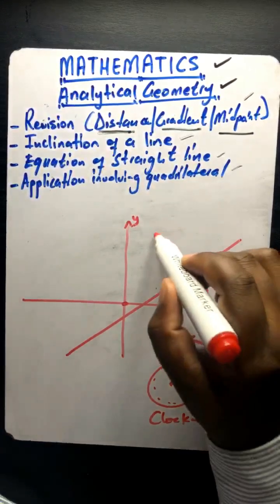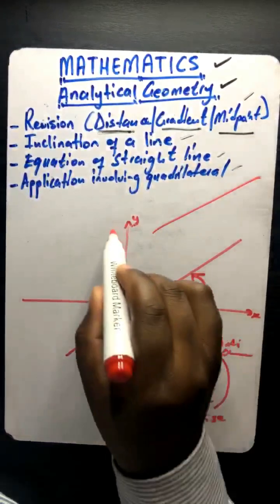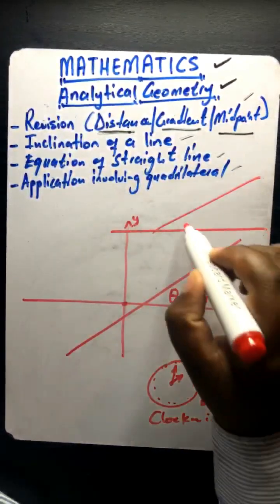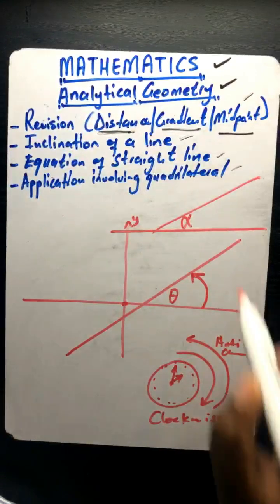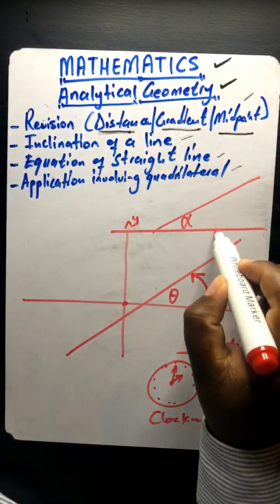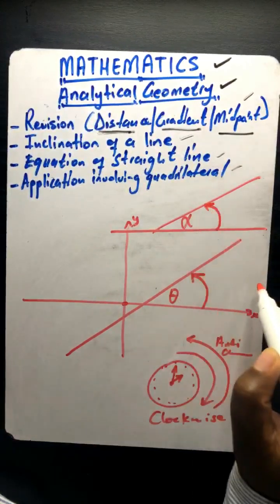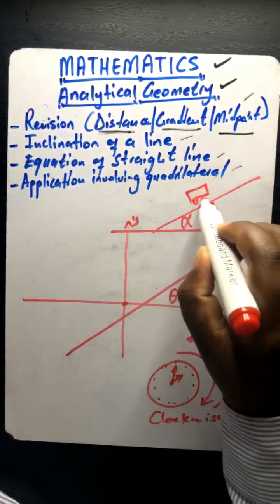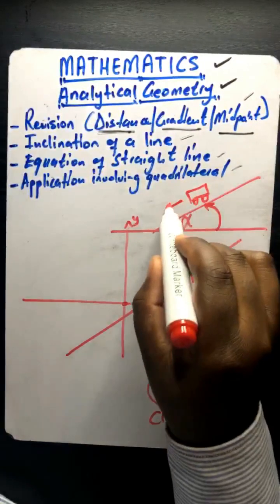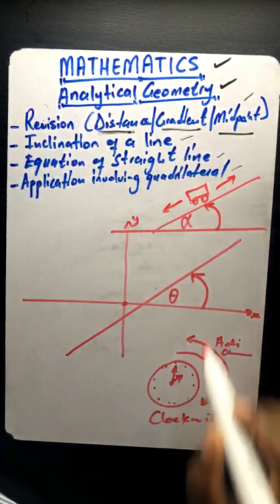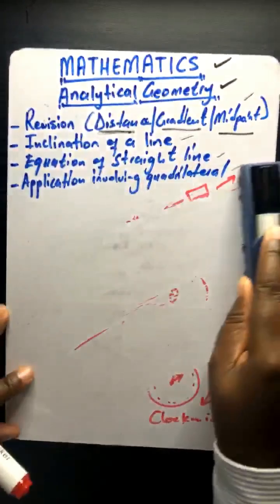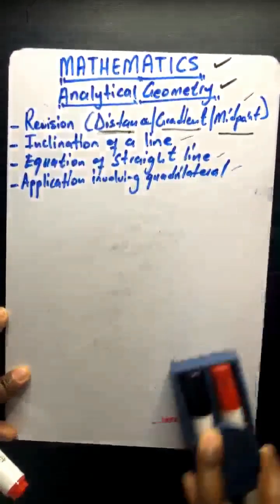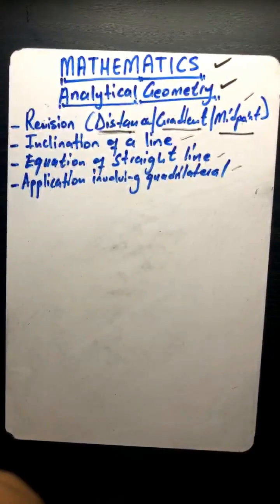That is why in physical sciences you've got a slope or a surface, and then they give you this angle and they call it an angle of inclination. It is this angle which is formed with the horizontal in an anti-clockwise direction, and you've got a trolley there, either moving in that direction or that direction. So I'm pretty sure that you guys have got an idea of what is meant by a line of inclination and an angle of inclination.